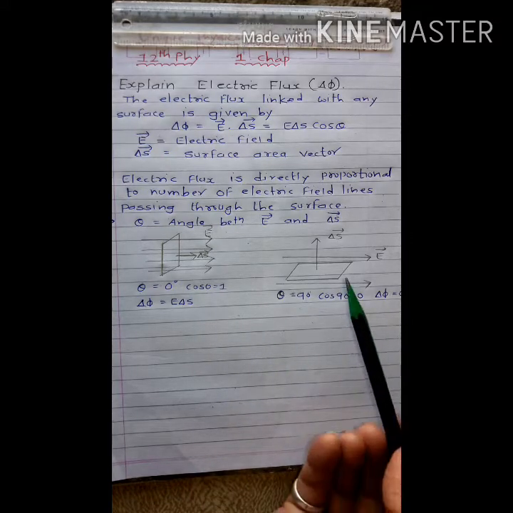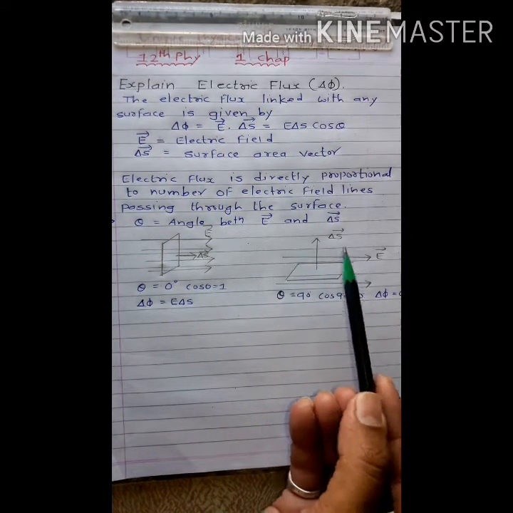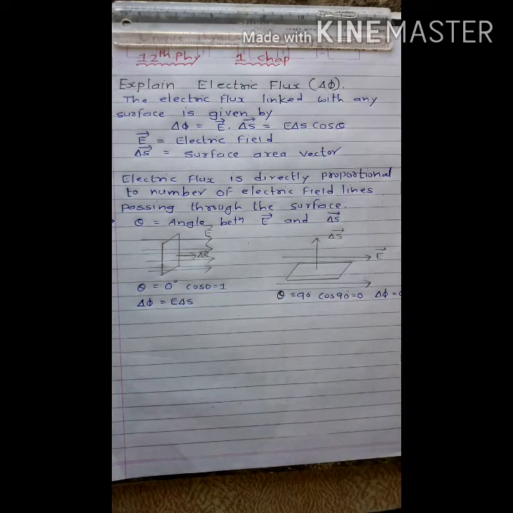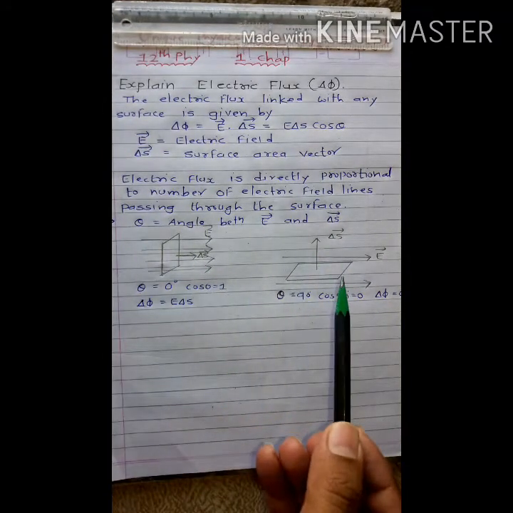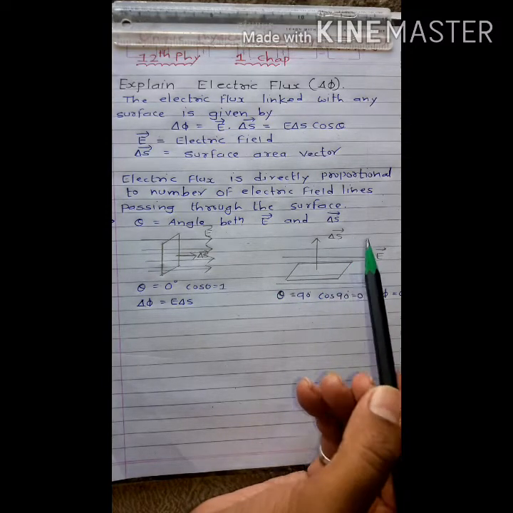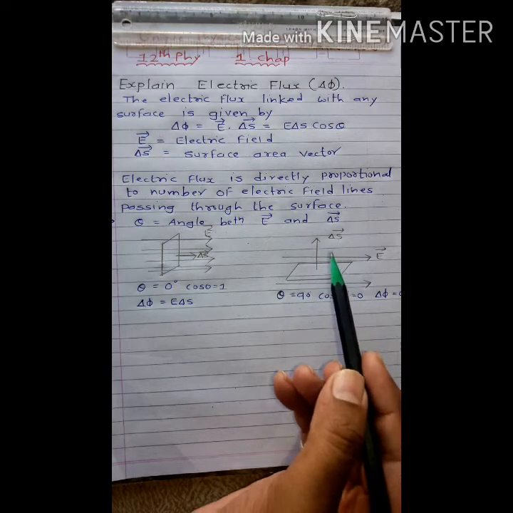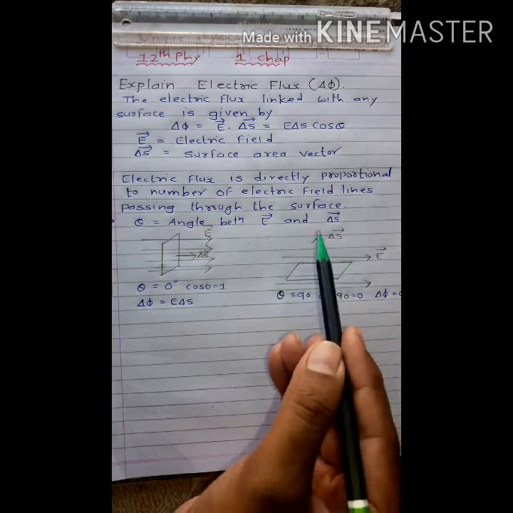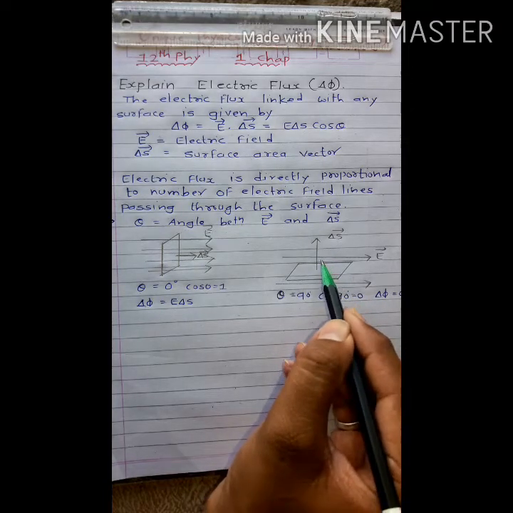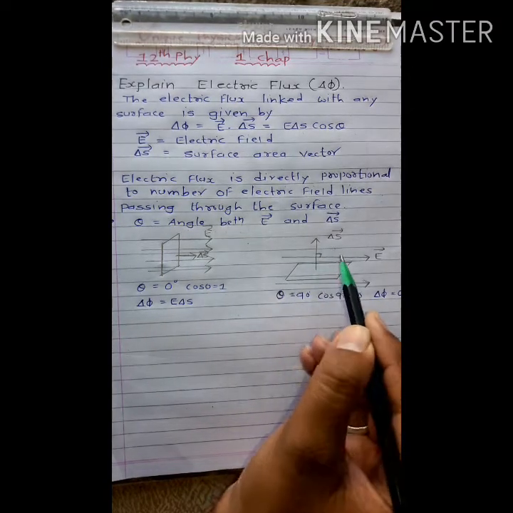Now we have another situation. This is our direction of electric field in the plus x direction, and for this surface, this vector represents the surface area vector. Now from this figure we can say that the angle between vector E and vector delta S is 90 degrees. They are normal to each other.